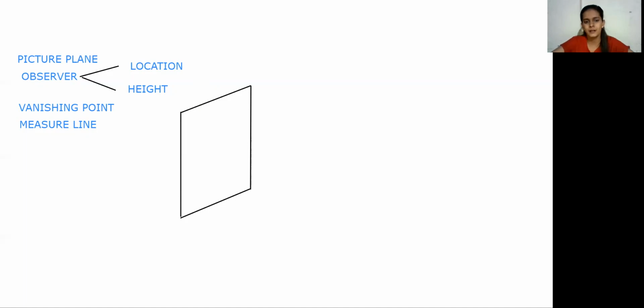Now, consider angle of vision. Let me draw an observer in our figure.